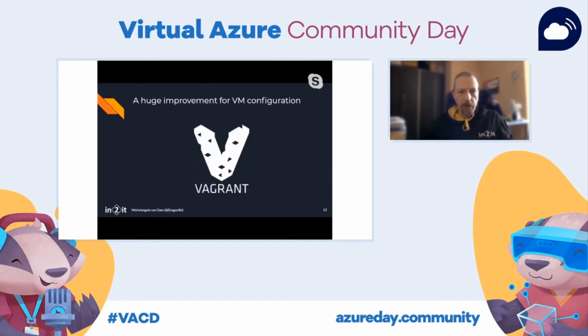So Vagrant came along and actually provided an enormous solution, because it provided simple management for virtualization locally, but it could also manage your servers and your cloud infrastructure, which gave it a whole lot more potential.